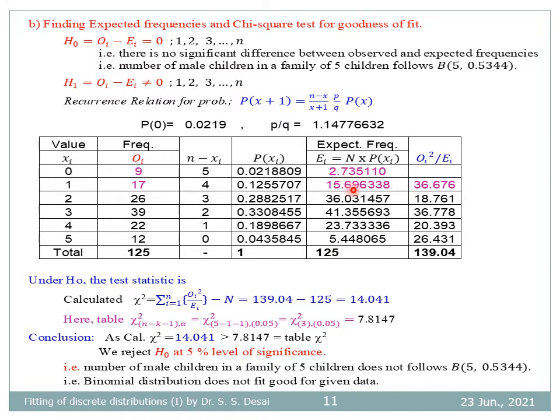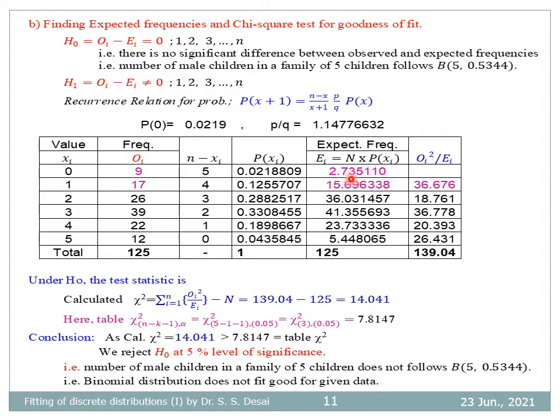There is one condition while applying the chi-square test, that each and every theoretical frequency, that is expected frequency, should be greater than pi u. So to satisfy that condition, we add the first frequency to the second, so that the total will be greater than pi u.